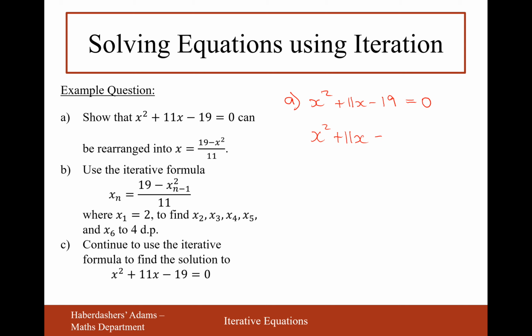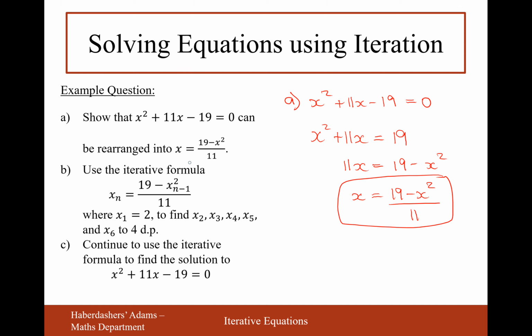That would get rid of the minus 19 on the left, and we've got 19 on the right now. Take away x squared from the left hand side, and that will give us 19 minus x squared. And then divide by the 11, so it would be x equals 19 minus x squared over 11. Effectively what I've done there is I've used my answer to work out what I need to do to the equation to turn it into this formula here.